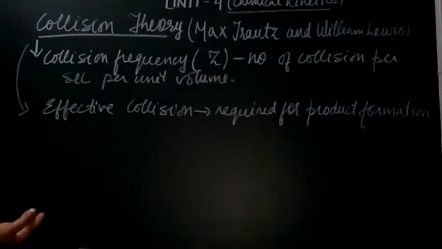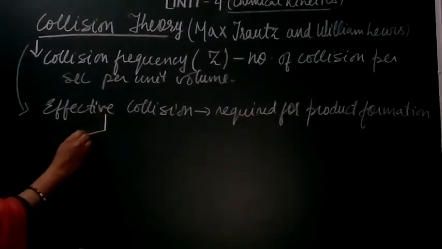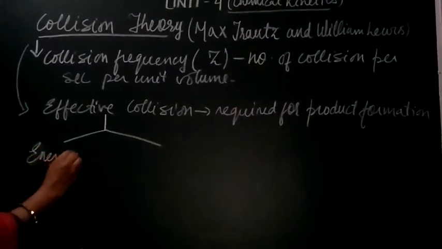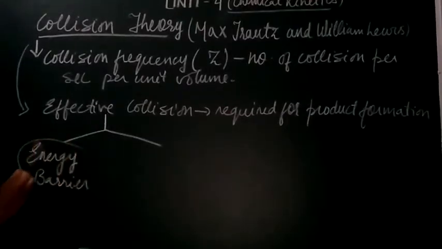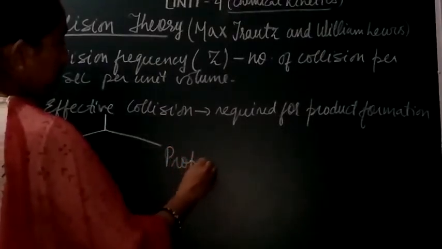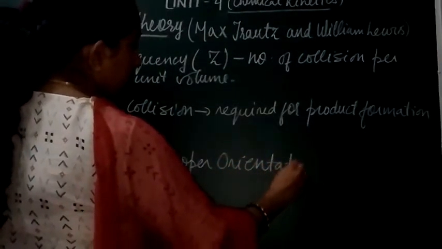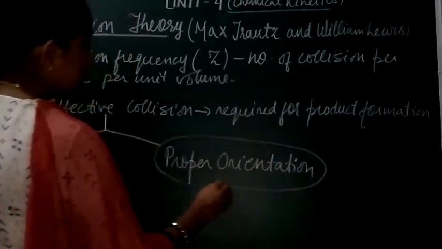Now, which collisions will be known as the effective collisions? So, to have the collision effective, there should be overcoming of the energy barrier, and second is the proper orientation of the reactant molecules.